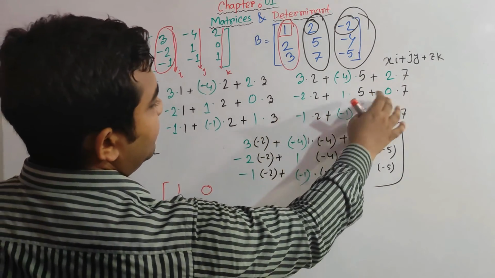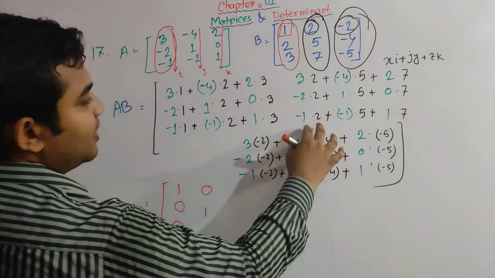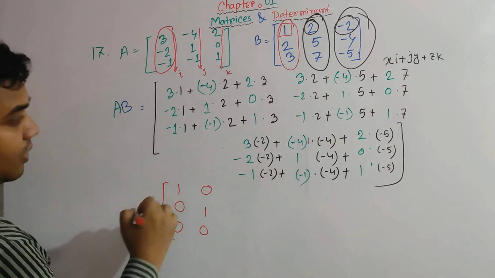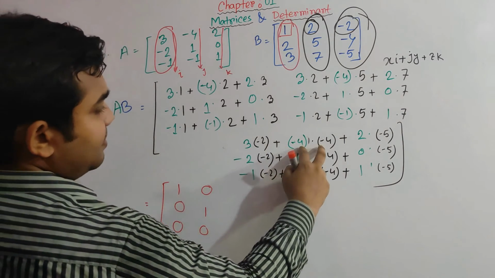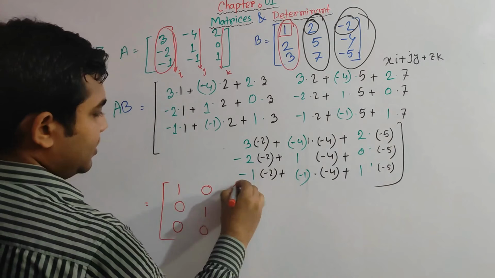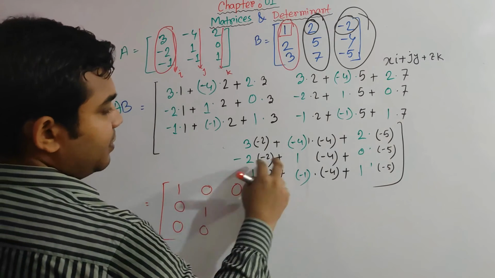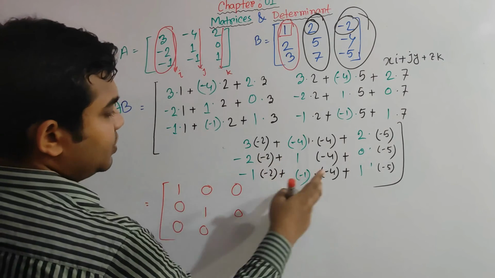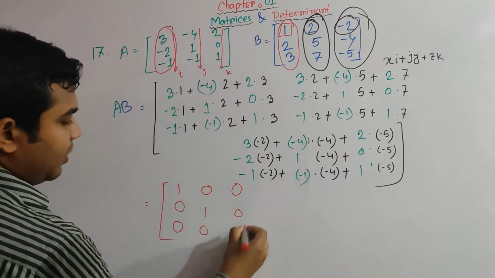Minus 4, 5, 0, should be 1. Minus 2 minus 5, 0. Minus 6, 16, 10, 0. Minus 7 plus 4 minus 4, 0. Minus plus 2 plus 4 minus 5, 1.